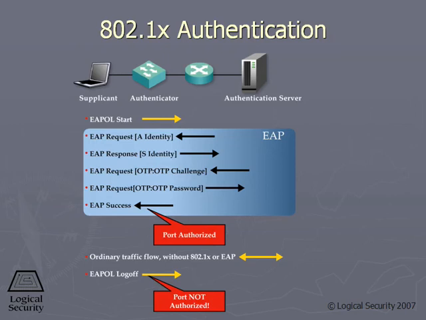The Radius server can mandate that if the supplicant does not use a proper strength VPN when communicating with the wired network, disconnect the supplicant. If the supplicant is on the wireless network for too long, disconnect. If the supplicant is using the wrong protocols of any kind, disconnect the supplicant. If the supplicant tries to go to the wrong section of the wired network, disconnect the supplicant. So there are many controls through the Radius system.